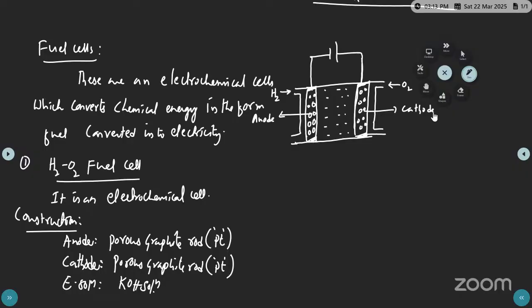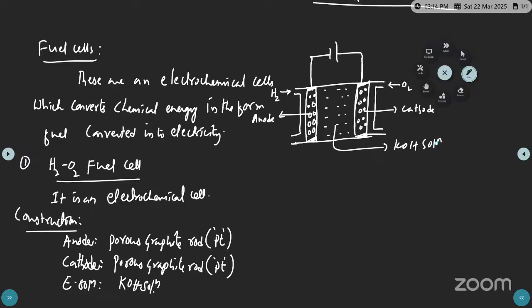And in between these two electrodes, potassium hydroxide solution is taken as an electrolytic solution. Okay, this is the construction.